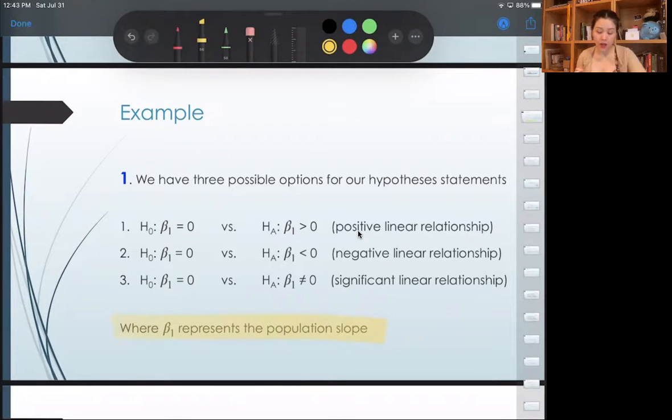However, for the alternative hypothesis, you have three different choices, right? Either beta 1 is greater than 0, meaning you have a positive linear relationship. Beta 1 less than 0, meaning you have a negative linear relationship. Or beta 1 is not equal to 0. It means significant linear relationship. When you see not equal to 0, that means you have two-sided test.